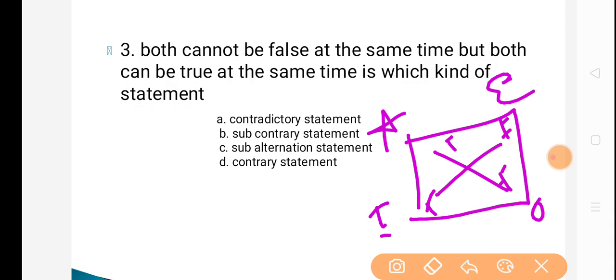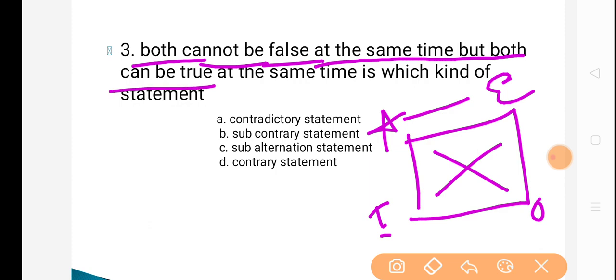Then we check the other statement, the contrary statement. What does the contrary statement say? Both cannot be true at the same time, but both can be false. But here it says both cannot be false at the same time, but both can be true. That's the opposite of the contrary statement.